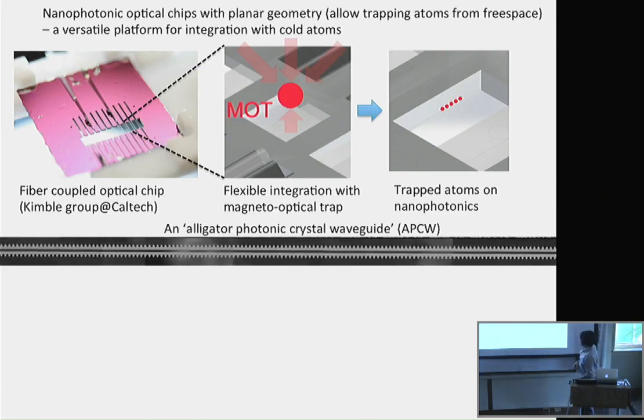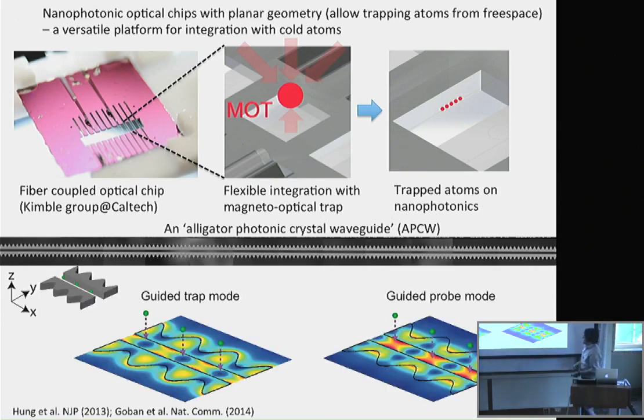So the product we first delivered was the so-called alligator photonic crystal waveguide, which consists of about 150 unit cells of this periodically modulated Bragg grating photonic crystal. And we have designed a trap mode such that we can trap atoms inside this photonic crystal, and at the same time they can be very strongly probed by the guided mode.